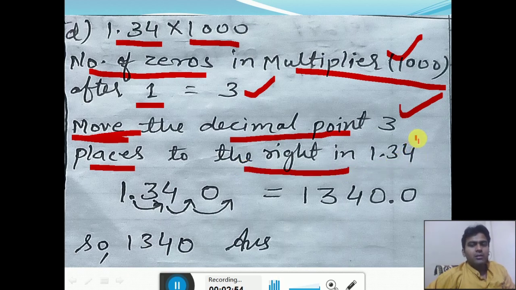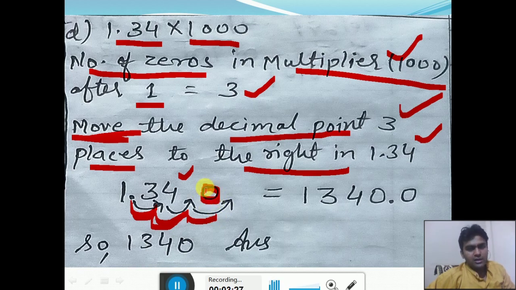in 1.34. So move the decimal point 1 place, 2 place. After 2 places we do not have any number. Look here, because the number is 1.34. So what we will do, we will add a 0 here. So I moved it 1 place, 2 place and 3 place, and I did not have the number, so I wrote a 0.